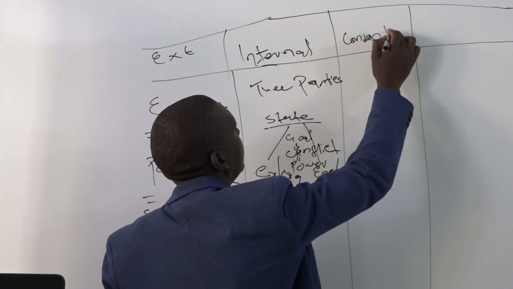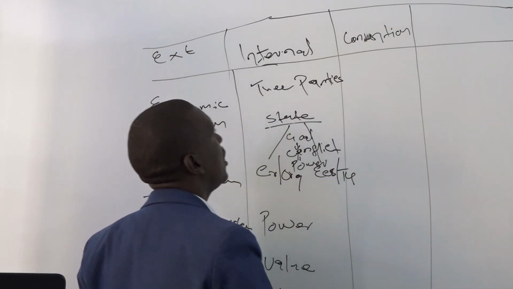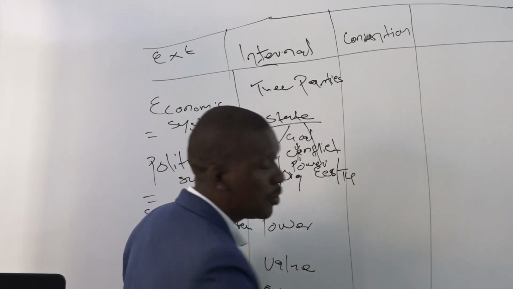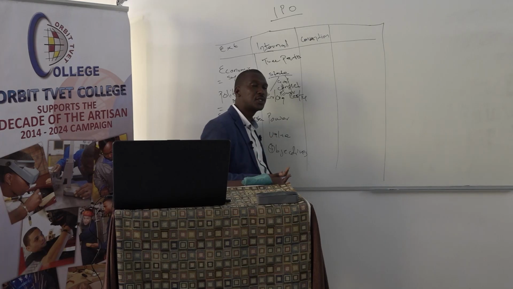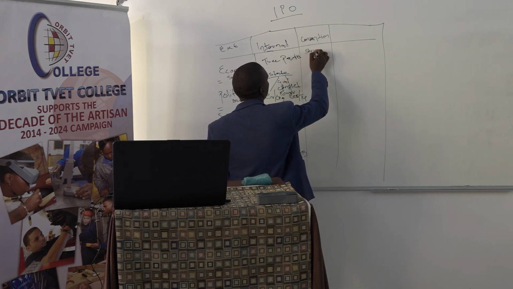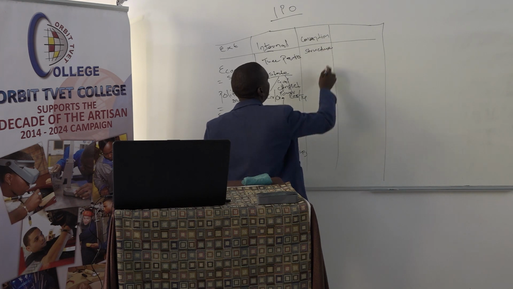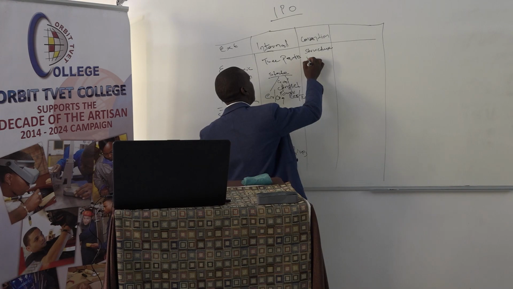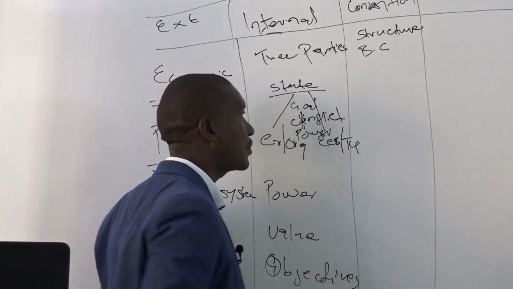The conversion process, or the transformation. Here, these are the methods, mechanisms or ways that we can use to resolve the labor-related issues. We can use the structures, meaning that in the labor market, there are structures. One of the structures that we have is the bargaining council.